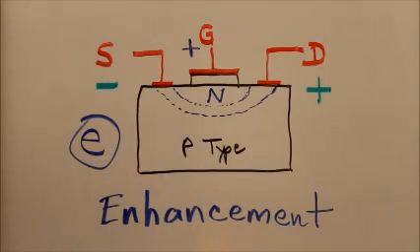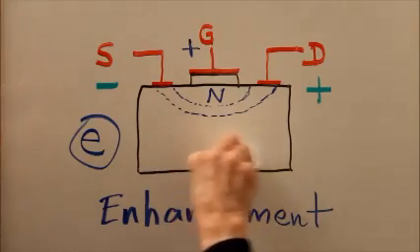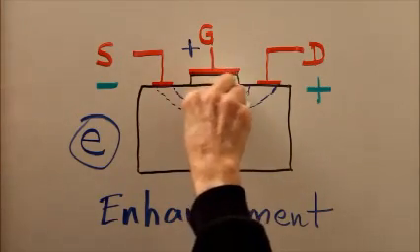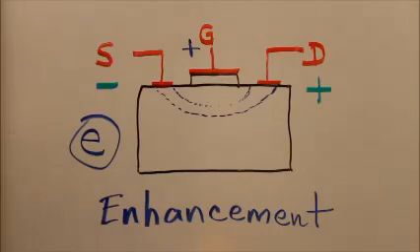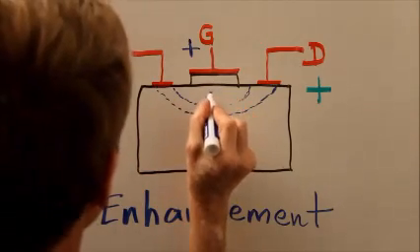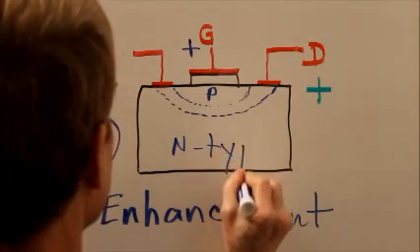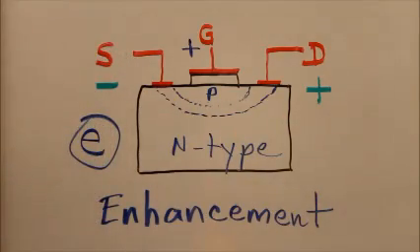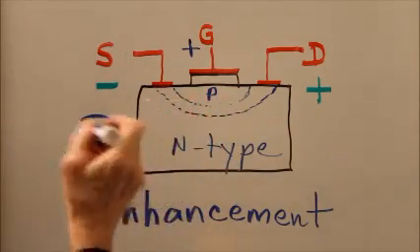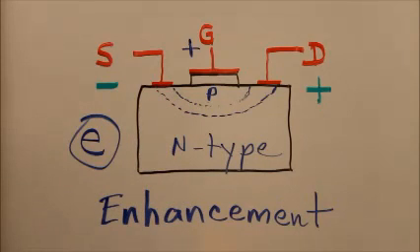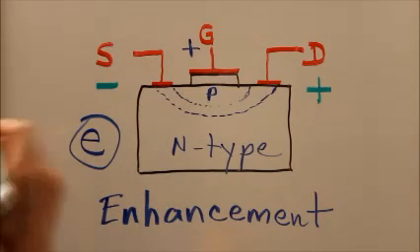If we had a P-channel enhancement mode device, we would simply reverse these symbols. This would be an N-type piece of semiconductor material, and the polarities, of course, would also be reversed.